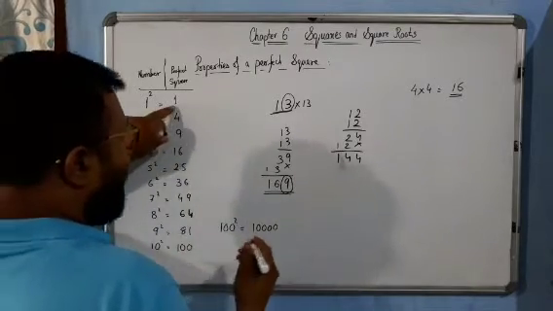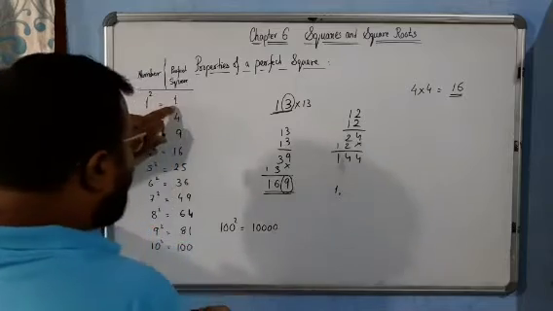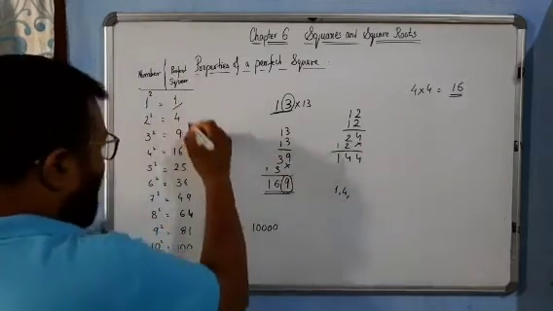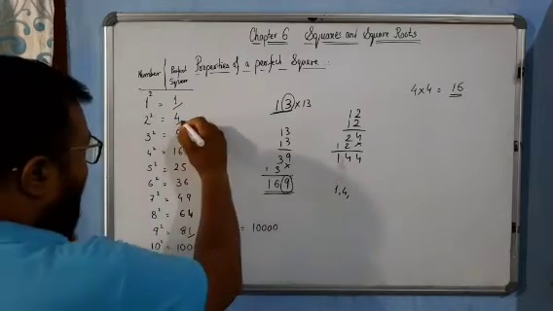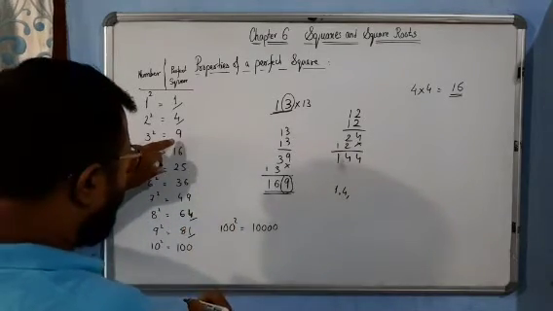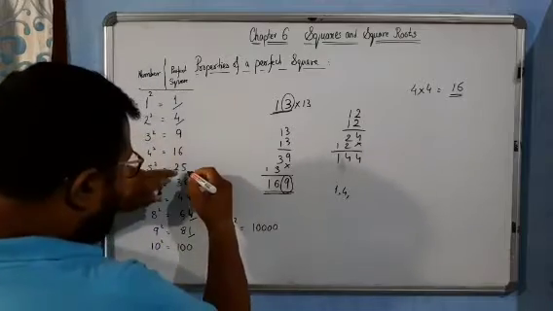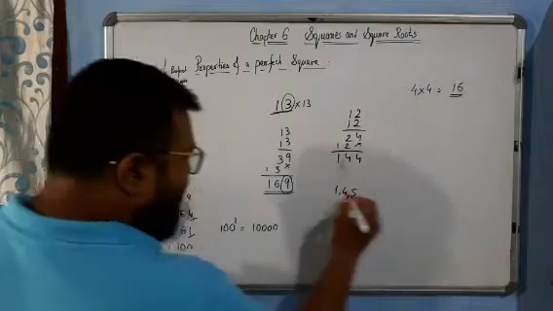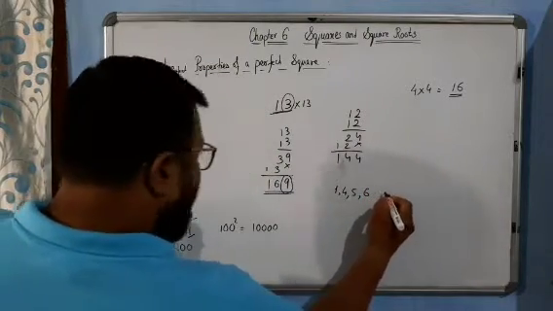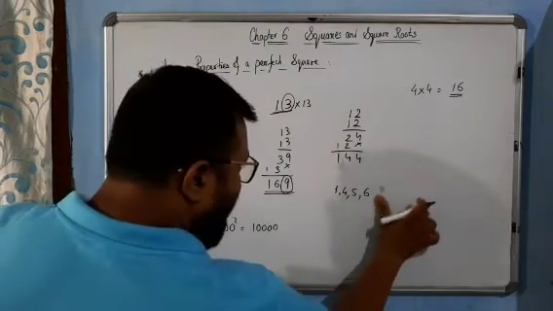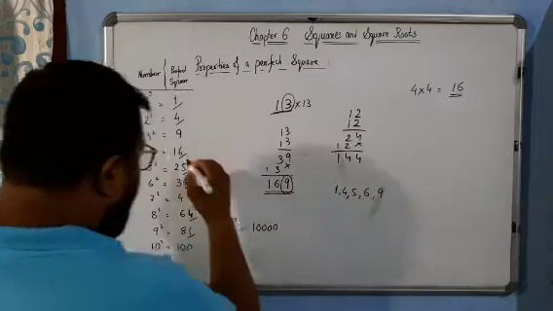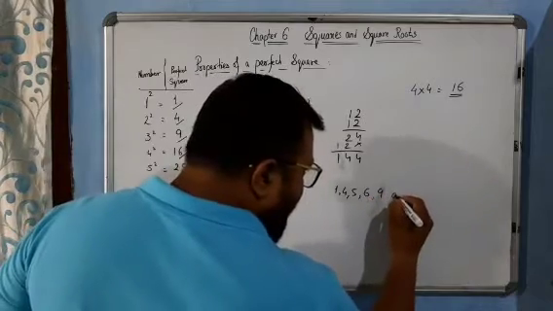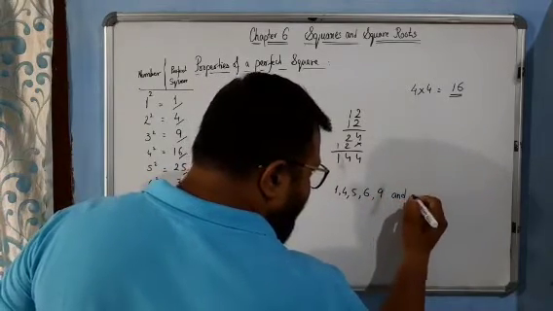If a number ends with 1, okay, ends with 4, 1, okay, 4, ends with, let's take 5, ends with 6, and 9, okay, and 0.